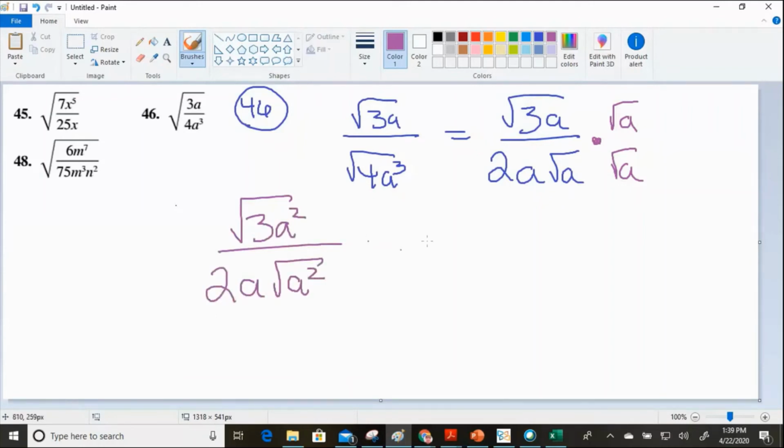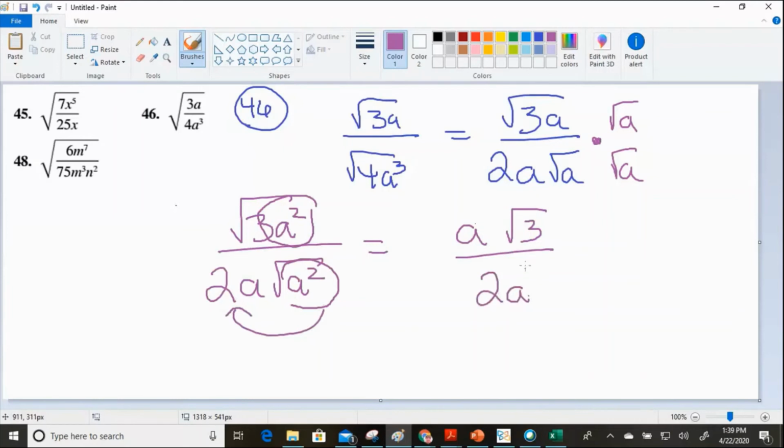I can simplify a little bit. This a squared can be pulled out as 1a onto 3. This a squared can be pulled out, but when I multiply that a times that a, I'm left with 2a squared. Okay, now, whatever's on the outside is considered to be fair game. You can't touch what's on the radical. We've already done that.